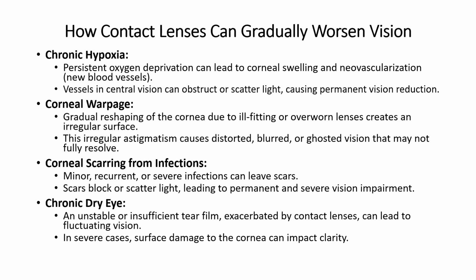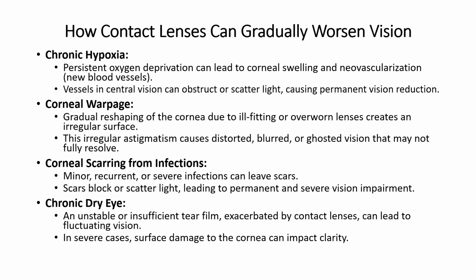Secondly, corneal warpage, the gradual reshaping of your cornea from ill-fitting or overworn lenses, creates an irregular surface. This irregular astigmatism causes distorted, blurred, or ghosted vision that may not fully resolve even after you stop wearing lenses.